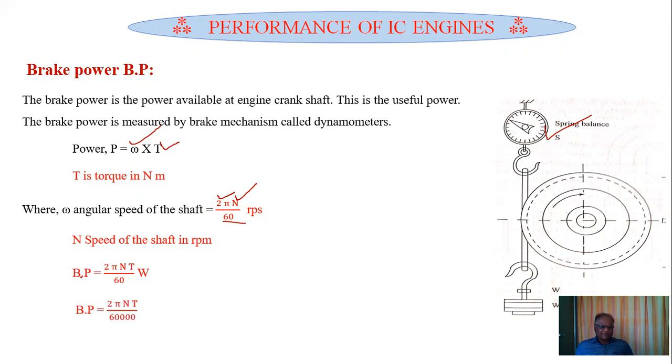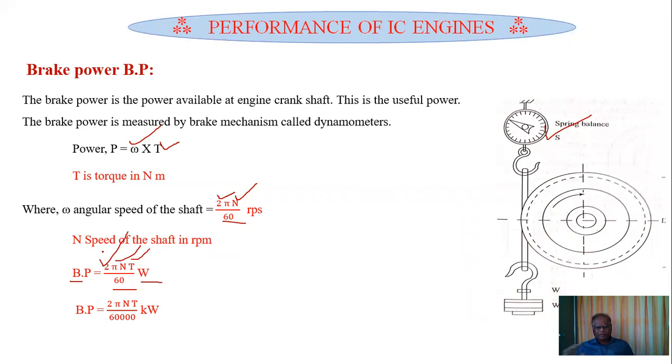From this equation, the shaft power is equal to 2 pi n T divided by 60, in watts, right? Care should be taken here. Either it may be a 4-stroke engine or a 2-stroke engine, the speed of the engine has to be retained as it is, because we are not measuring the power inside the engine cylinder.